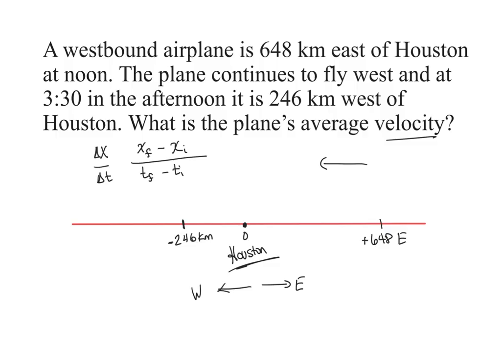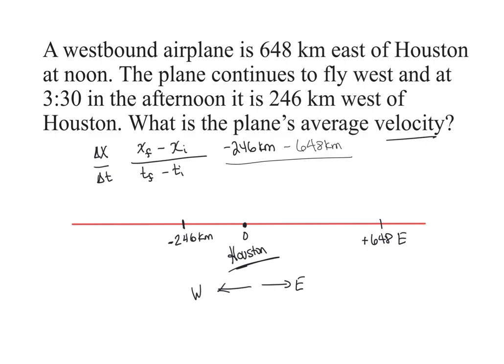And so our final position then is negative 246 kilometers because it is in the west. And then our initial is going to be the 648 kilometers. Our change in time, it's a little hard when you do it like this, subtracting, unless you use military time, it's going to look like a negative, but time is never negative.